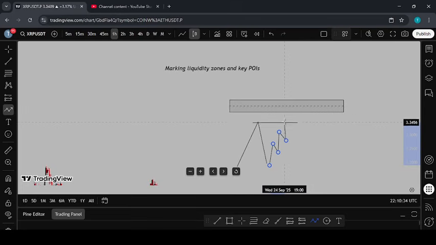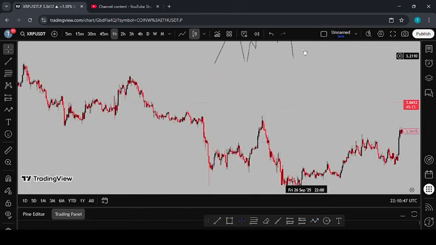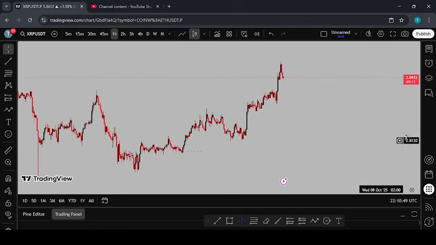So there should be a point of interest where you want to watch and see market reaction, right? Then you go in for your trade. That's how you should see the market. Nothing much, nothing less.